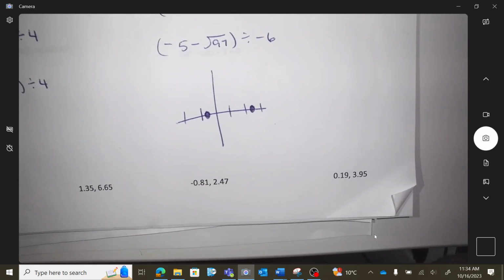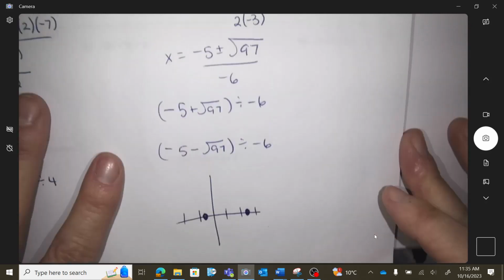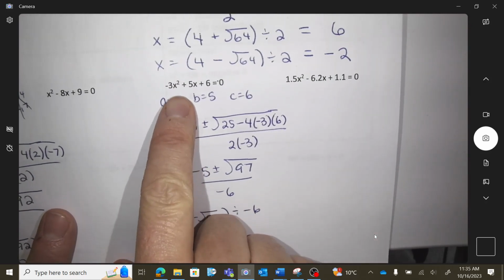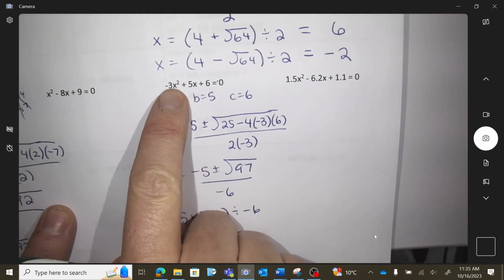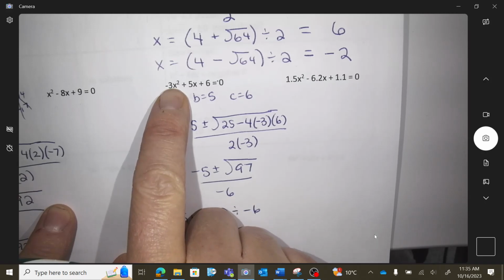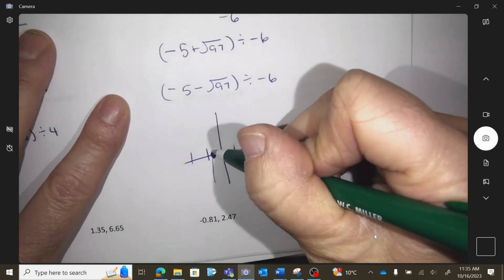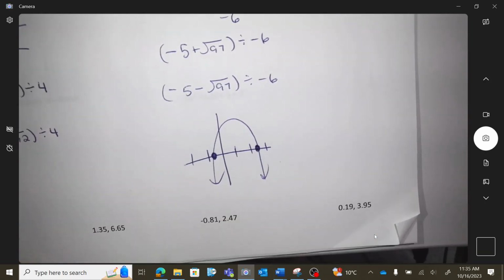Those are the x-intercepts. That's what this is about, right? X equals that. It's the root, it's the x-intercept, it's the 0, all those words. And what do we know about this parabola? Looking at the -3x squared, what do you know about this parabola? It opens down. So that's what's happening to this graph.